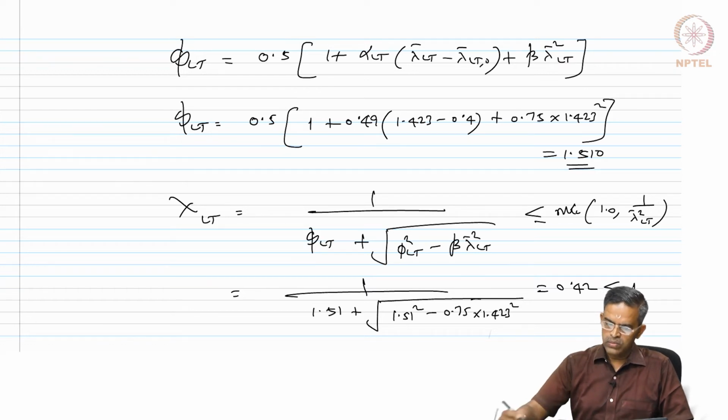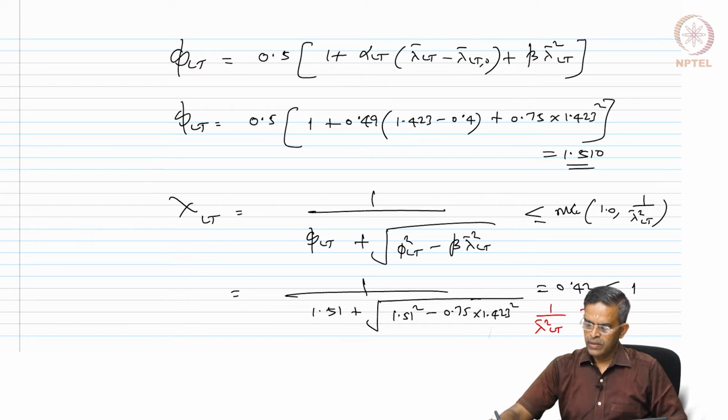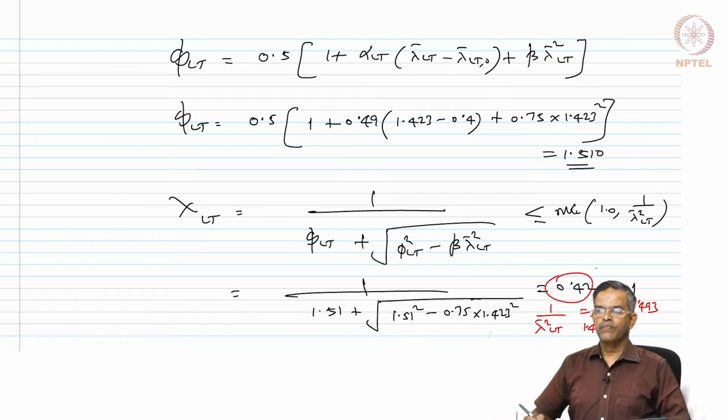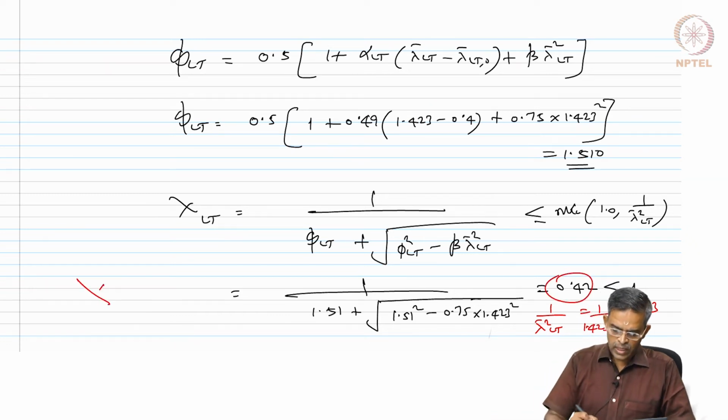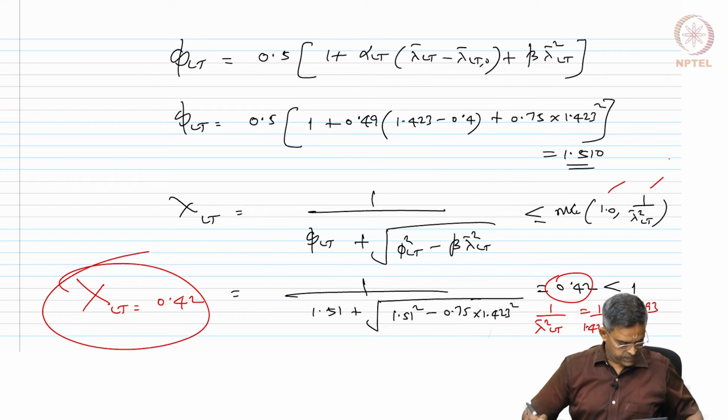And also 1 by lambda bar square LT is 1 by 1.423 square, which is 0.493, right. So, the value what we got is 0.42. So, I can now say psi LT can be taken as 0.4. It satisfies both the conditions, no.